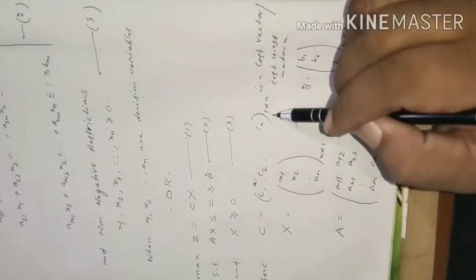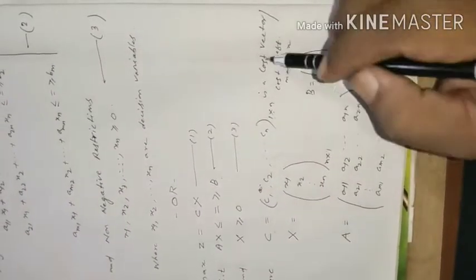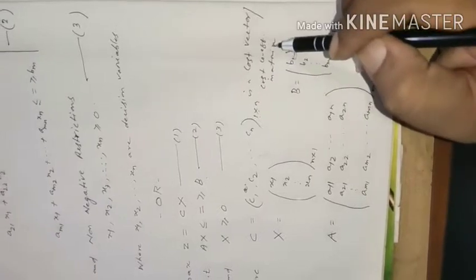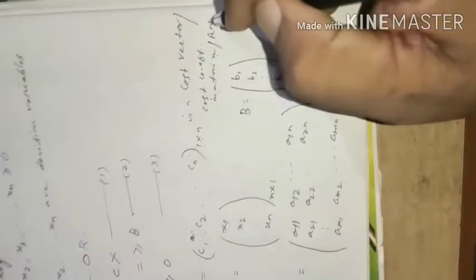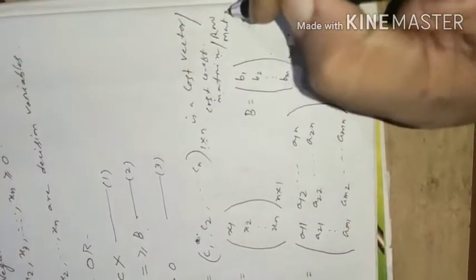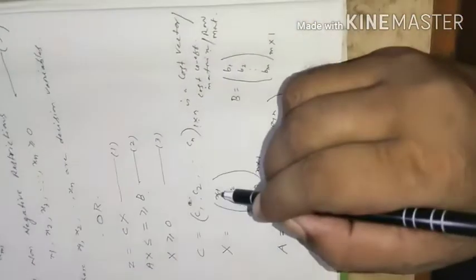That means the 1 by n matrix, that is a cost vector or cost coefficient matrix or row matrix, and similarly x equals x1, x2 up to xn.